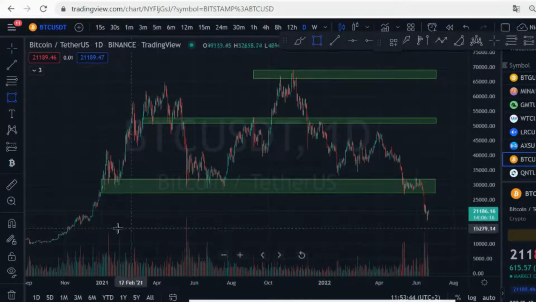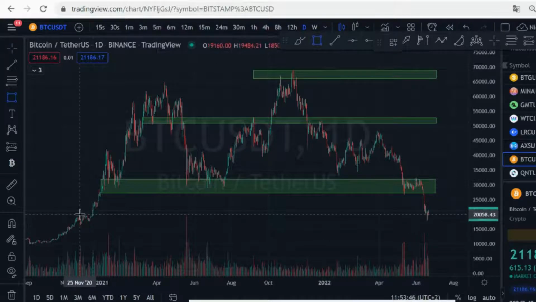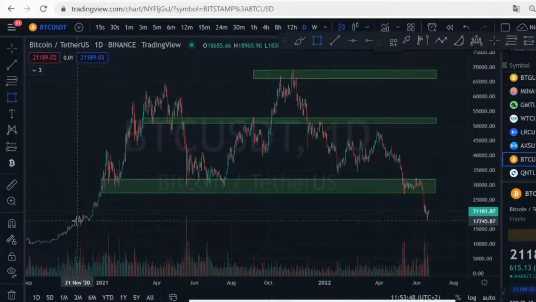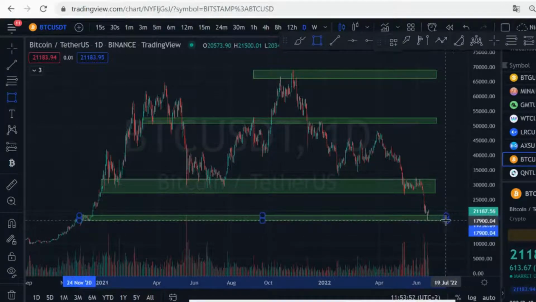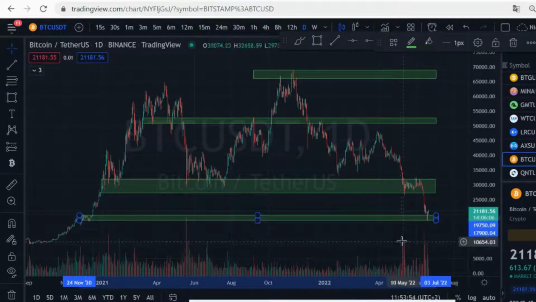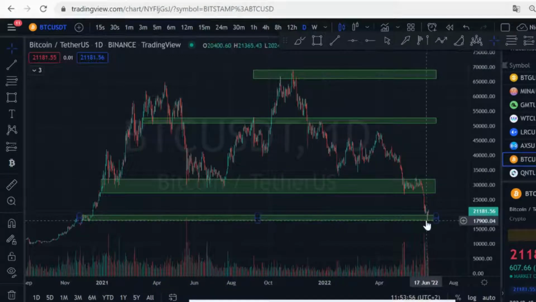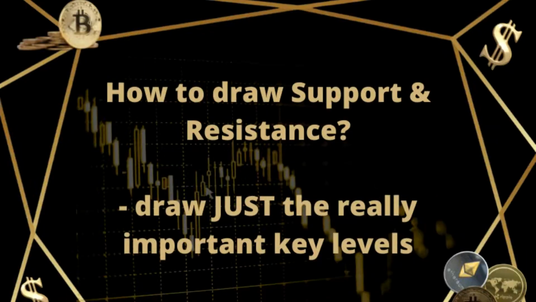And maybe one more, and that is this one here, because here at around 18k, Bitcoin found pretty good support. So just draw the really important key levels.